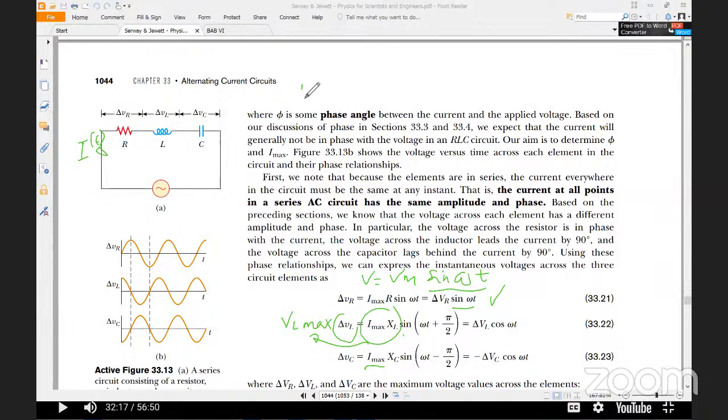Like the expression before, I as a function of t is Imax sin omega t minus phi. Okay.